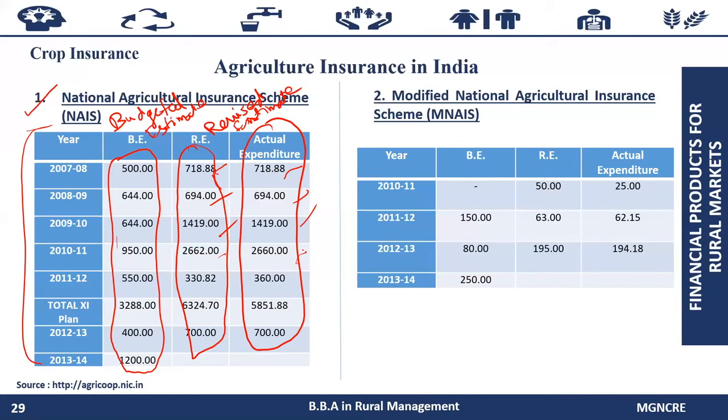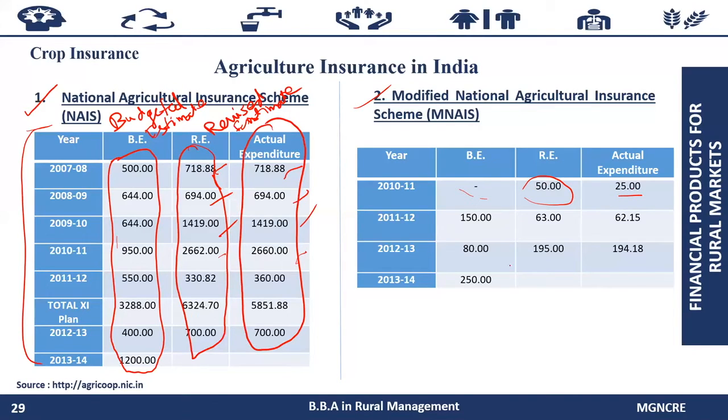The same you can see in the Modified National Agriculture Insurance Scheme. This was for improving further, and making the scheme easier and more farmer friendly. A joint group was constituted by the government of India for studying existing schemes for crop insurance. In this also you can see, in 2010-11, it wasn't budgeted, but they introduced a revised estimate, and the actual expenditure was less.